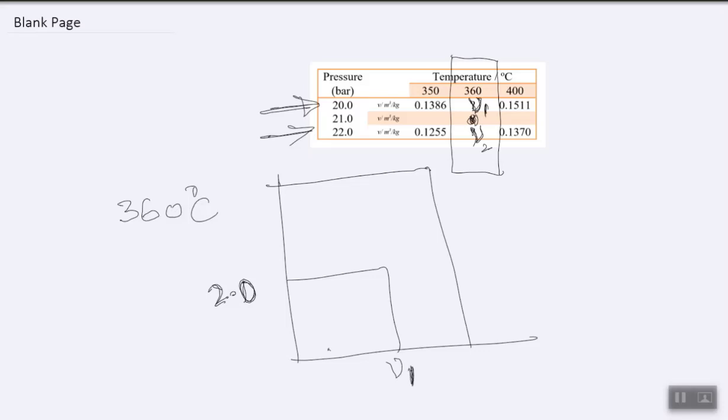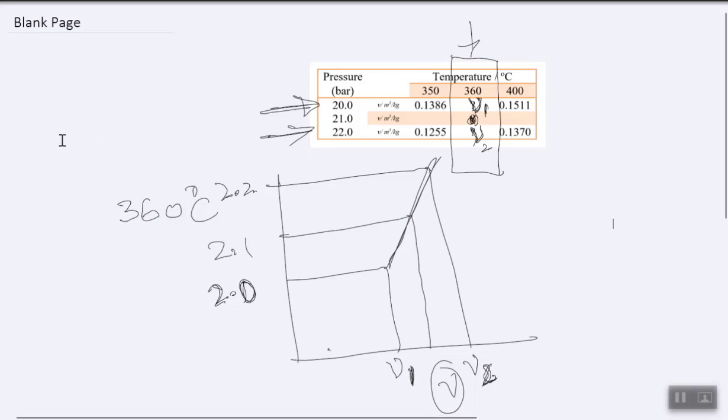At 2.2 megapascal, we found the volume at 360, which is V2. So now at 2.1, I would find the volume, which is the required volume. I hope you understand that one. If not, please skip back, and that would make it easier to understand.